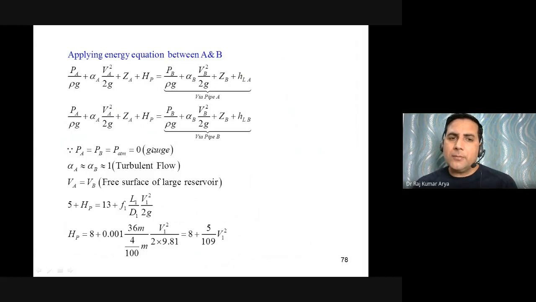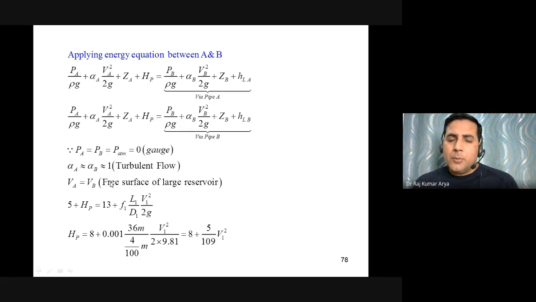Considering turbulent flow, your kinetic energy correction factors alpha A and alpha B are considered to be 1, because as we have proved in previous classes, for highly turbulent flow it comes to about 1. So we are considering it 1, and all the time we consider it 1 for ease of calculations.